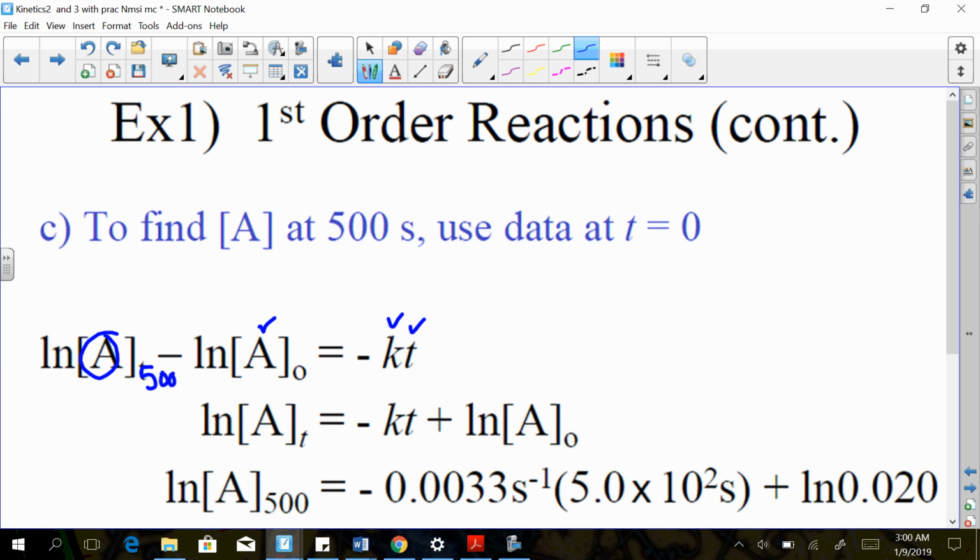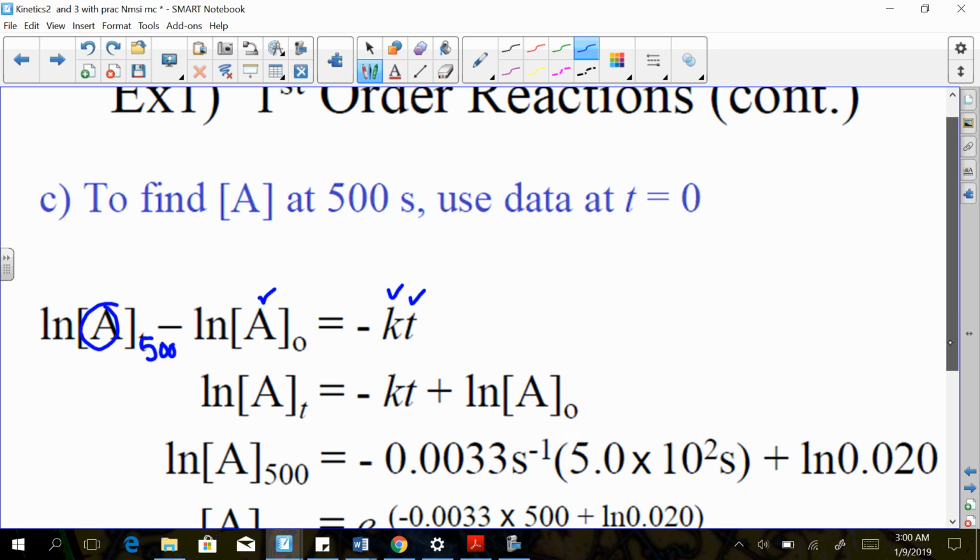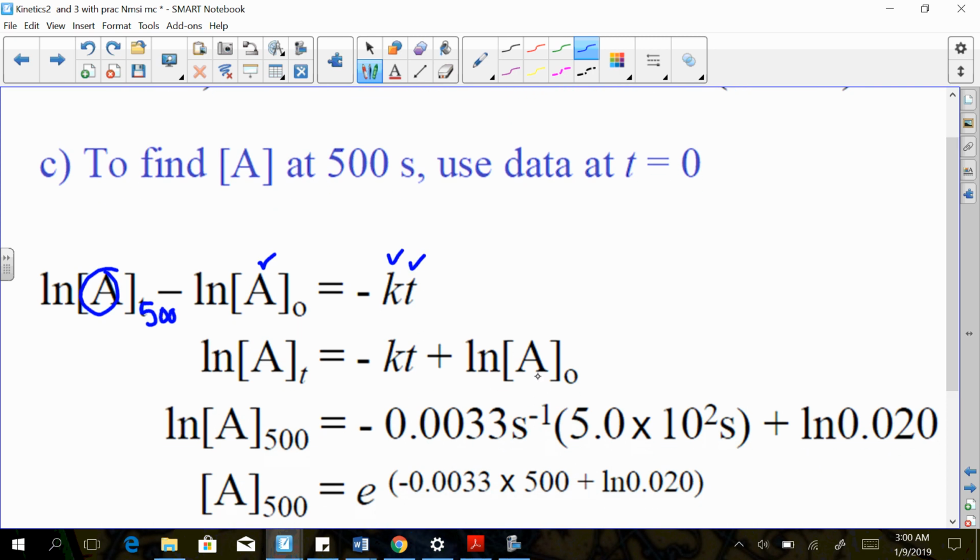The time is 500 seconds. So if you just rearrange this to solve for A. Now, when you do that, you move this natural log to the other side by adding the natural log to both sides. So we have the natural log on this side. We have negative KT on this side. And we have the natural log of A.